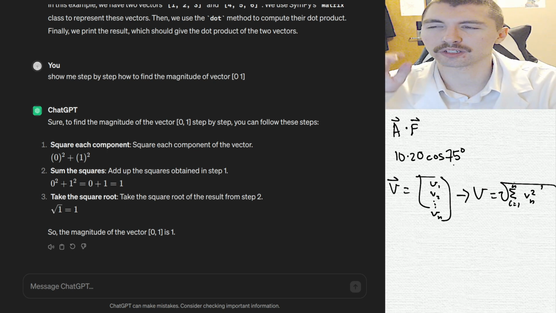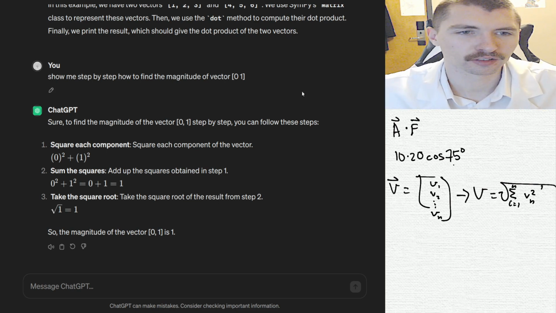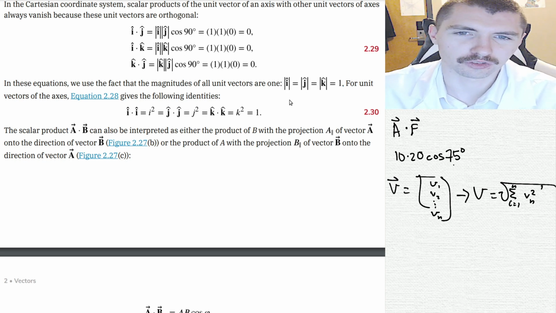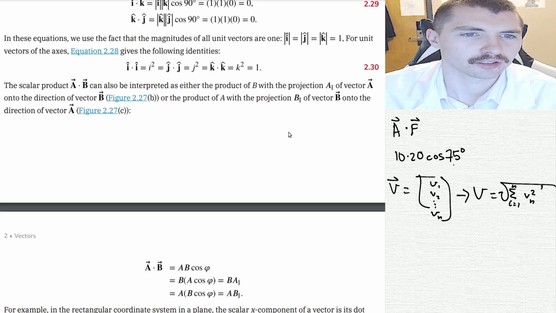So it's like an n-dimensional Pythagorean theorem that lets you find the vector's magnitude. So that's why the magnitudes of these unit vectors are 1. Okay.